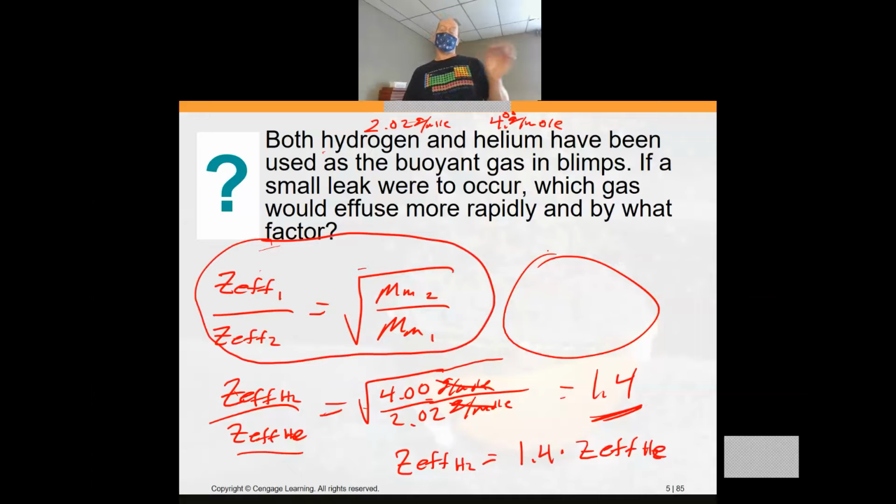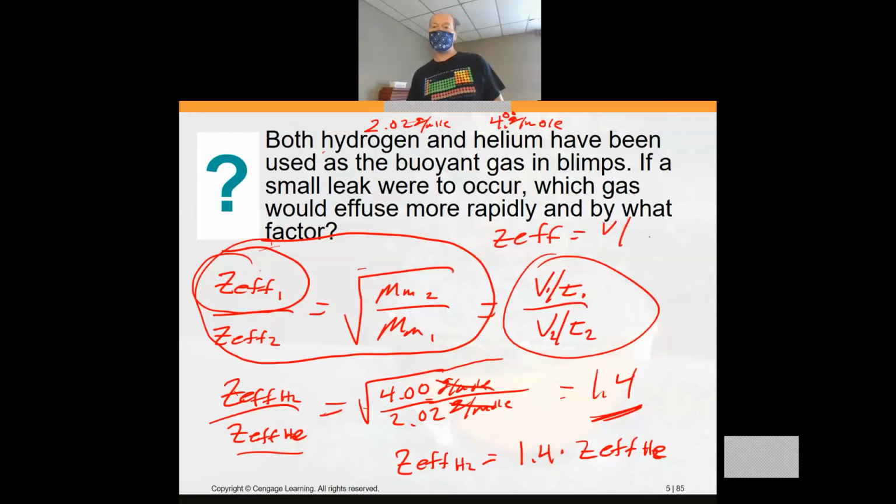But you will also need to know how to calculate the effusion rate. What we're looking at is volume over time. This is volume of gas 1 over time of gas 1 versus volume of gas 2 over time of gas 2. So your Z effusion is your volume per time.